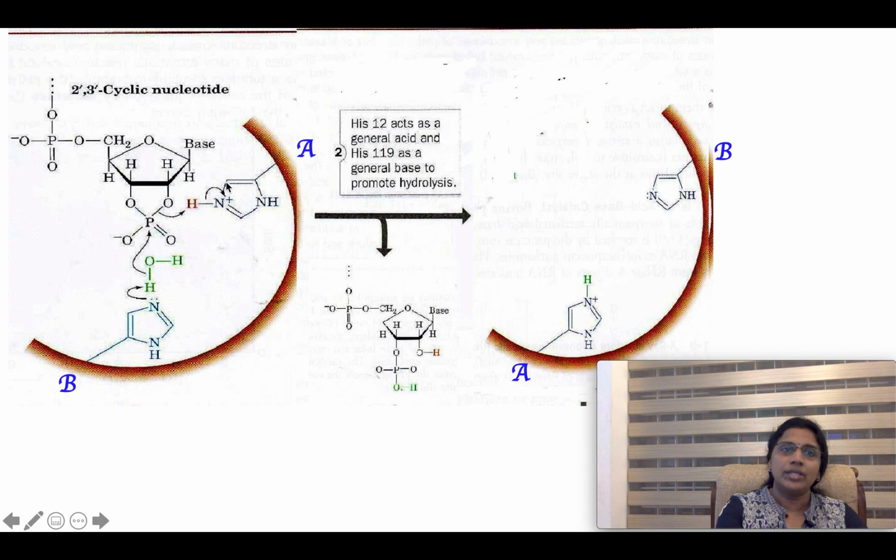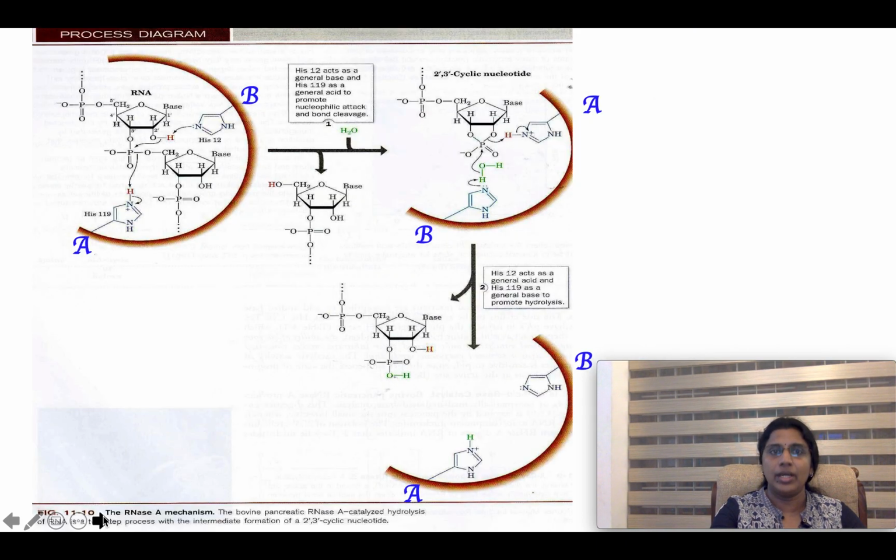At the same time histidine 12, in the protonated form, acts as an acid and donates a proton, which helps in the cleavage of this PO bond, and here the 2' OH is formed and this portion is released. Now you get histidine 12 in the deprotonated form and histidine 119 in the protonated form. This is the second phase of the reaction.